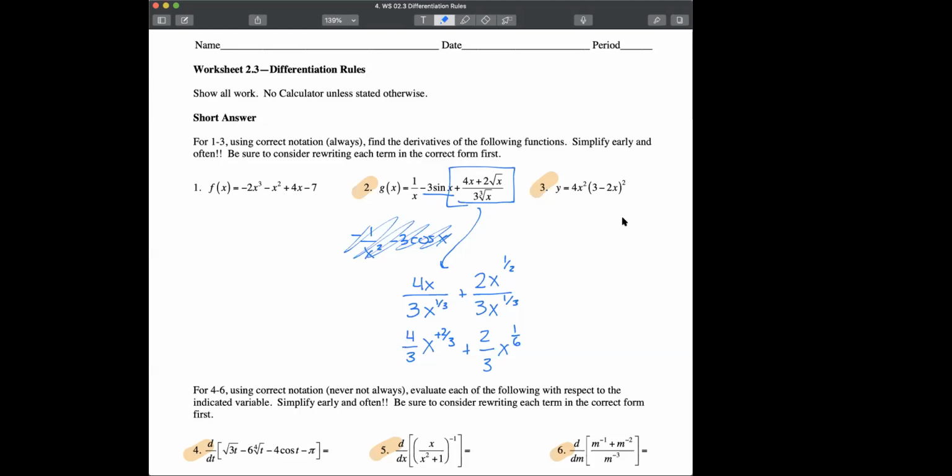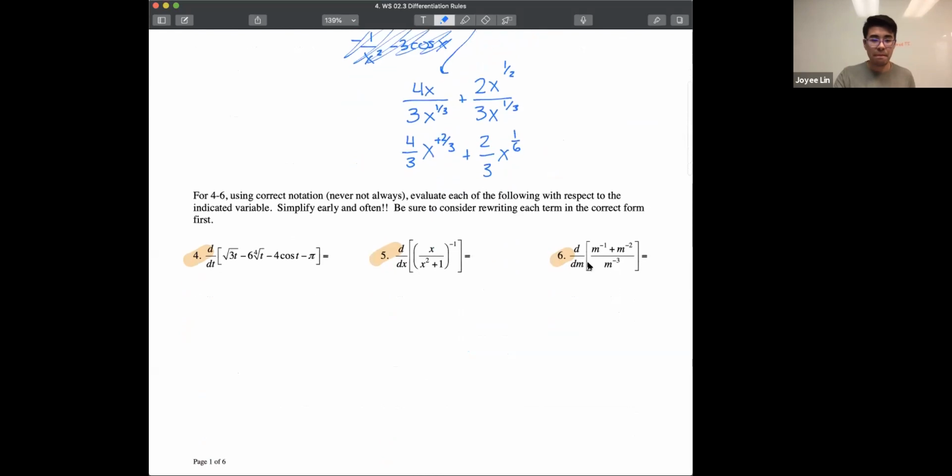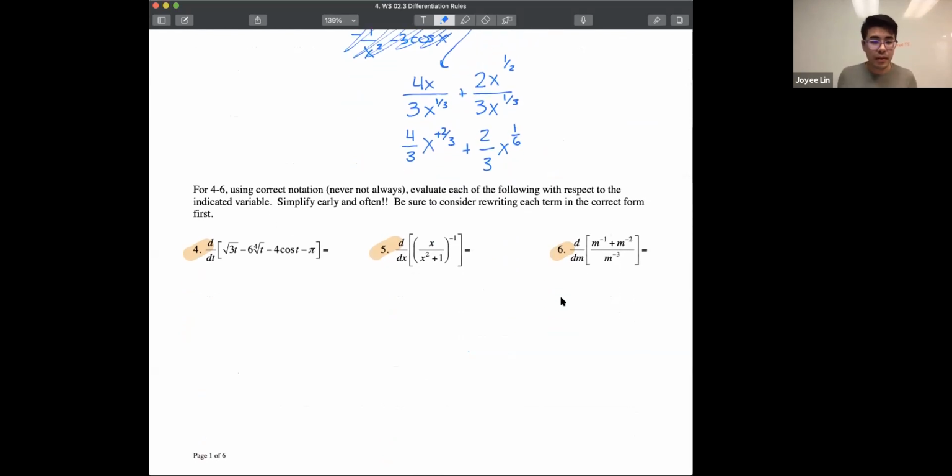Multiply it out. Yeah, multiply it out. Multiplying something out will make it easiest to do it that way. Cool, so FOIL it out. I don't know why I highlighted number 4. Number 4 is the same thing. When you get radicals, just make sure to convert them into exponents.